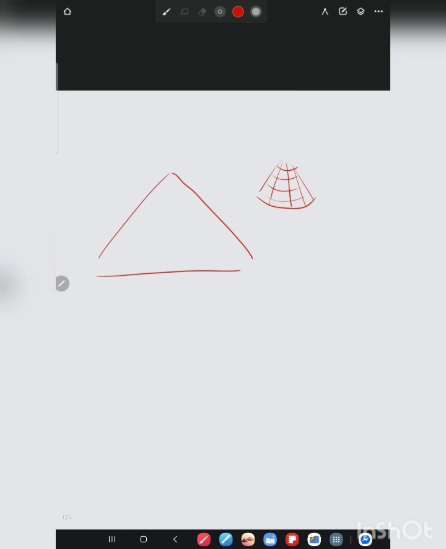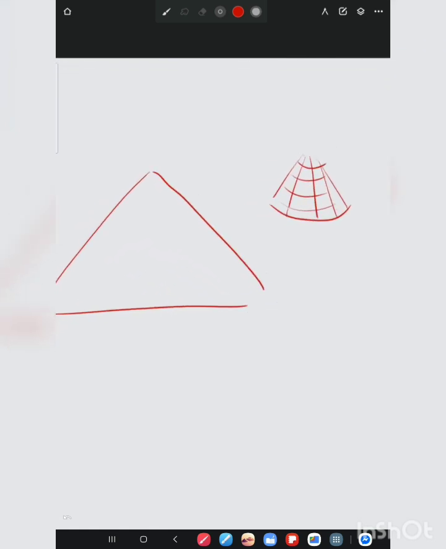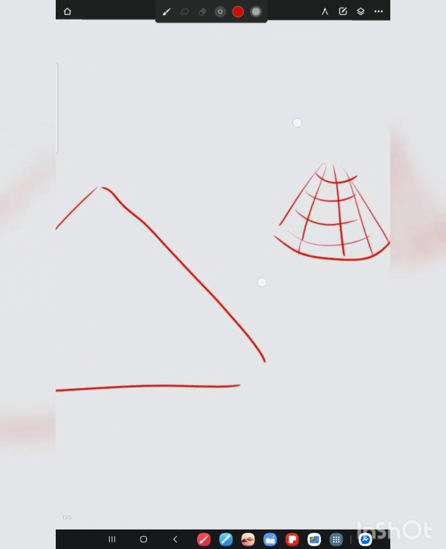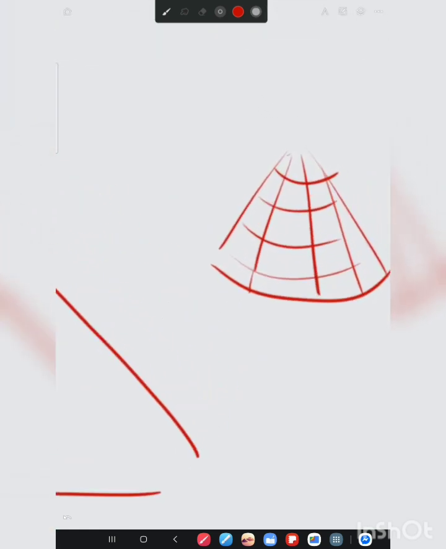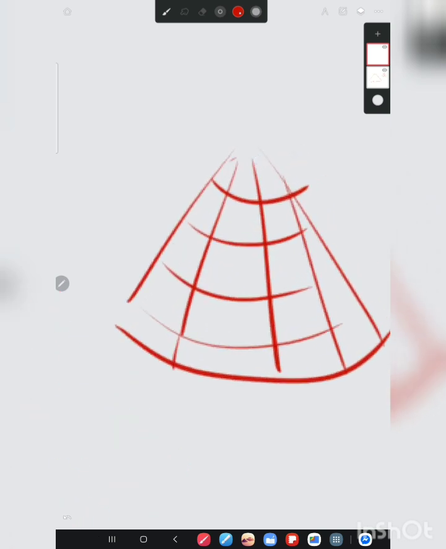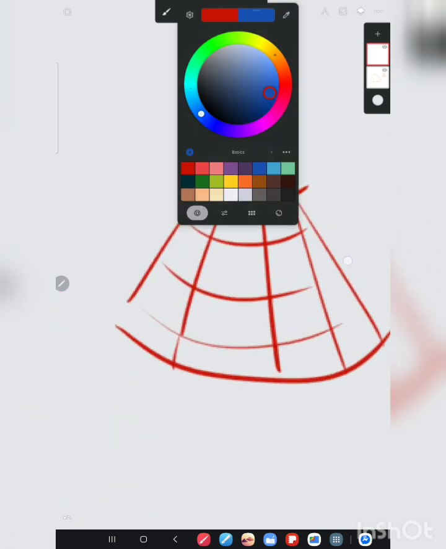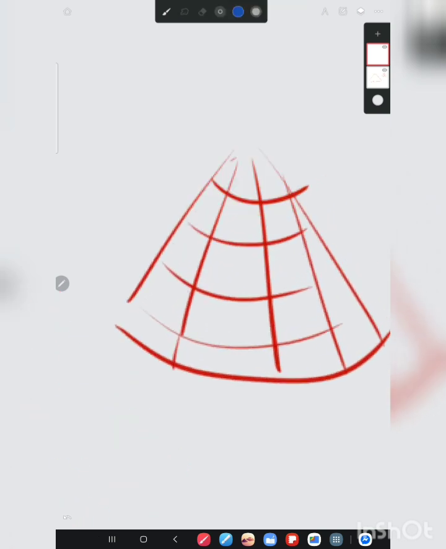So this is our mountain, and of course, a mountain has a lot of debris on it because it's never just a mound, right?